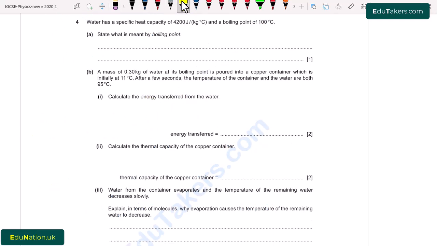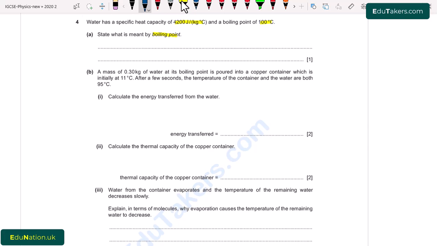Water has a specific heat capacity of 4200 joule per kilogram per degree C and a boiling point of 100 degrees C. Here the boiling point and specific heat capacity of water are given. Part A. State what is meant by boiling point. Here we just have to define the boiling point. Boiling point is the temperature at which liquid changes into gas.